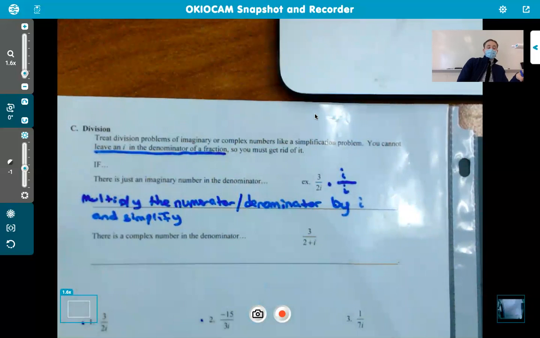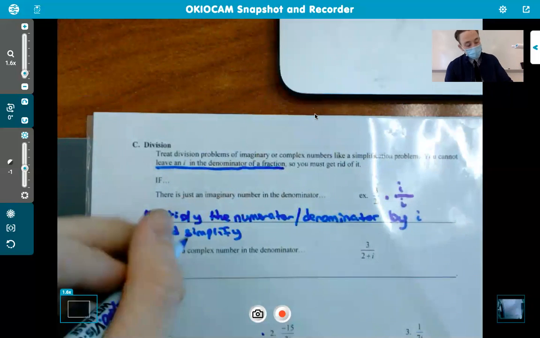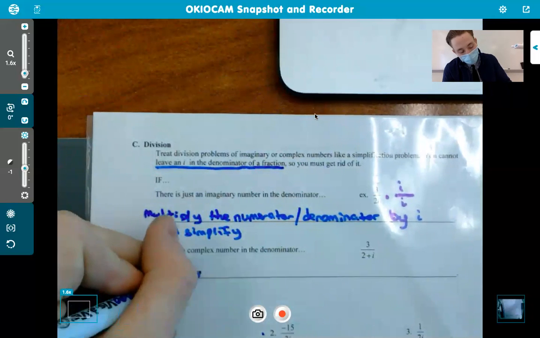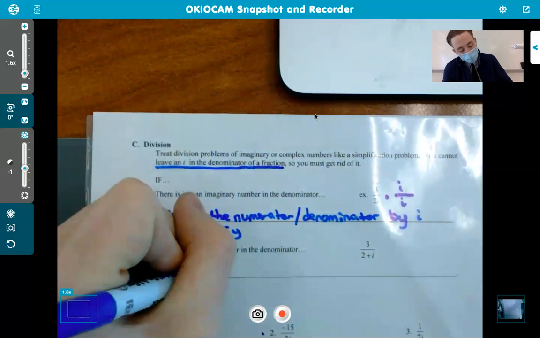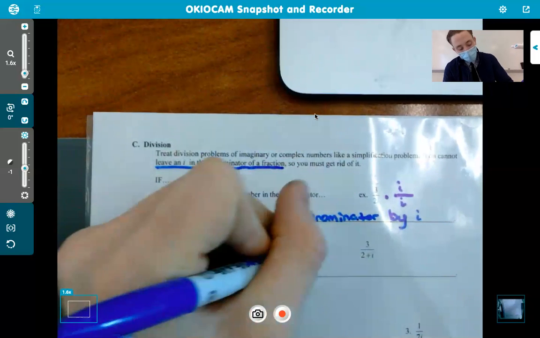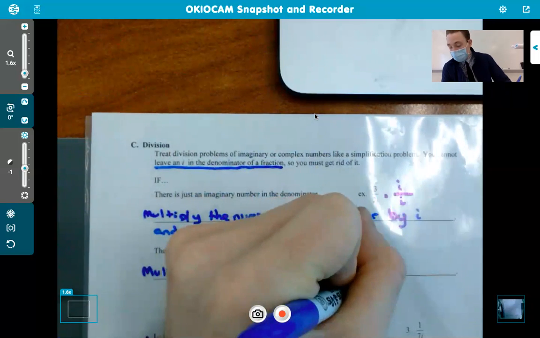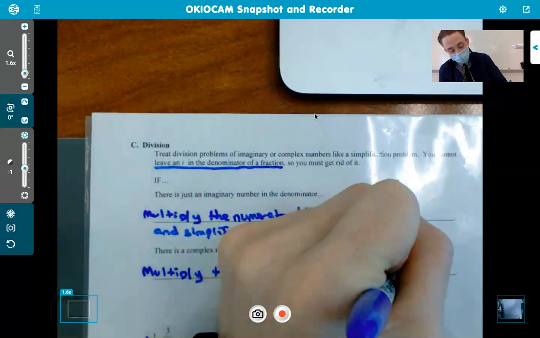When my number in my denominator is a complex number, the process is very similar. So I'm going to multiply the numerator, I'm going to abbreviate numerator and denominator this time, by what's called the conjugate.